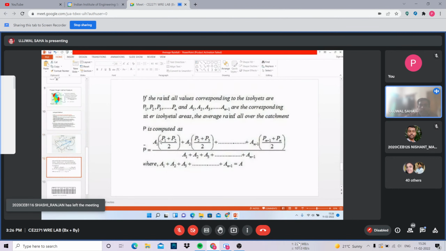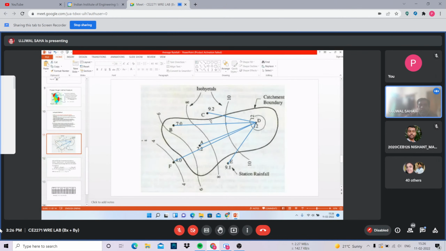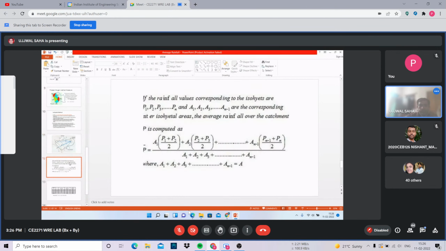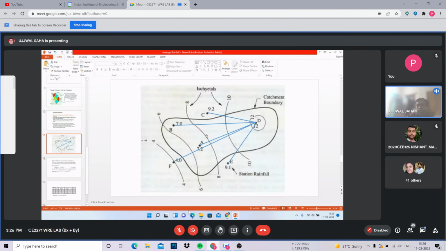So A1 into (P1 plus P2) by 2 plus, suppose this is your A2 area, into (10 plus 8) by 2, that is (P3 plus P2) by 2. Like this way you do it and divide it by total area. So in this way the division is not based on distance. The division is based on actual rainfall.